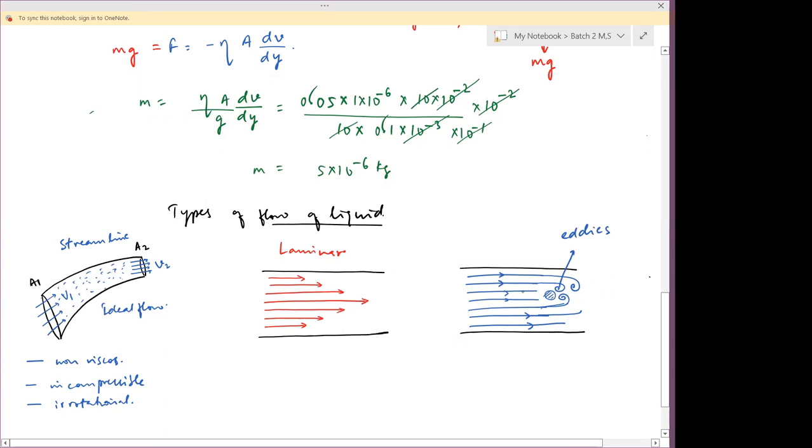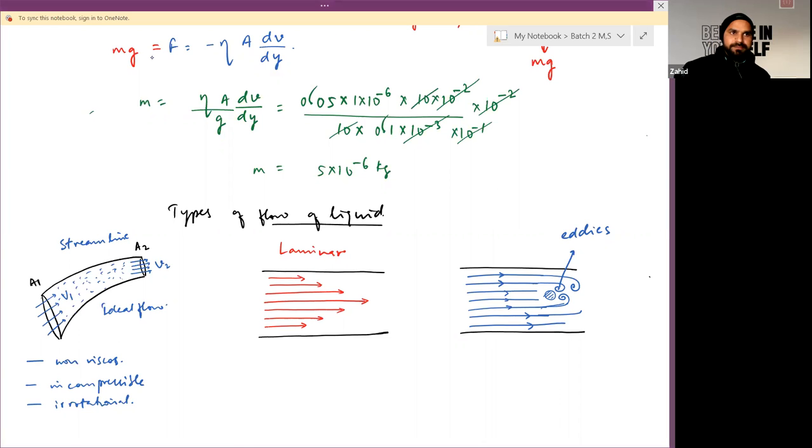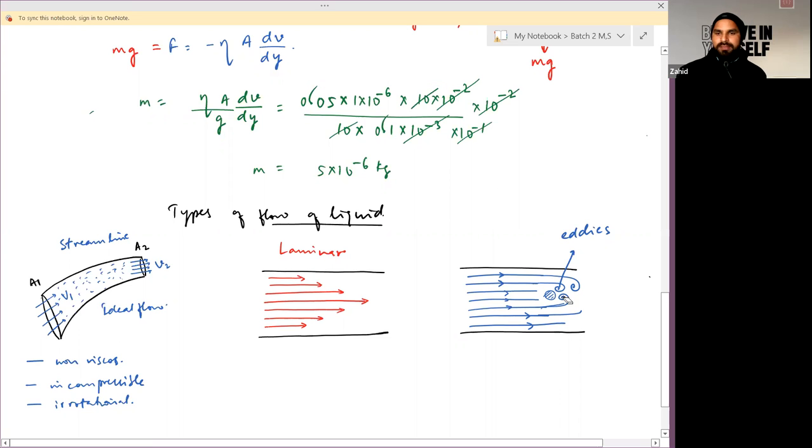Okay. Suppose there is a tube in which liquid is flowing, and if there is a particle in the path of different layers, due to this particle, which is in the path of these two layers, they may strike this object and get stopped there. The next adjacent layer will move forward, and at this location it may have some vacant space since there is a particle just behind it.